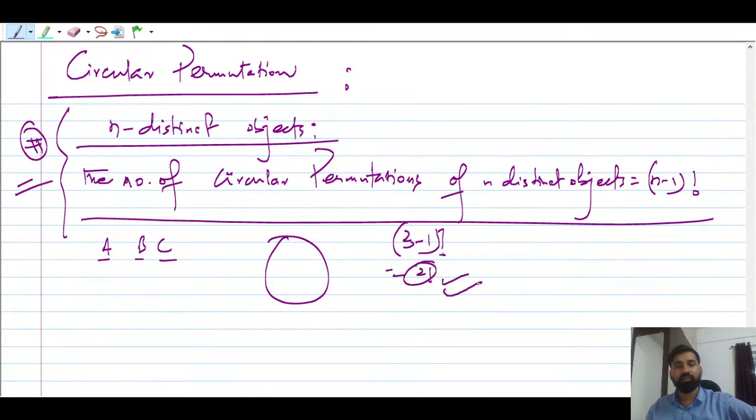Understood? One guy will always be fixed, and then you arrange the others. That is very important to keep in mind.